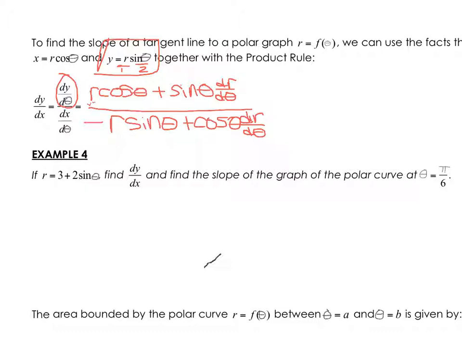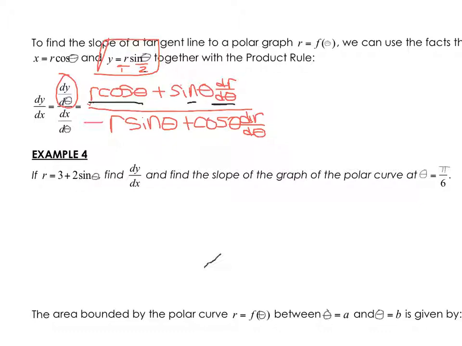If the second thing is sine theta, then the derivative of that is cos theta. So this part is first times derivative of the second, plus second times derivative of the first. The derivative of the first, the derivative of r, is just 1, but you took the derivative of something that's not a theta, so you tack on that implicit differentiation technique and tack on that dr/dθ there. So there's my numerator.